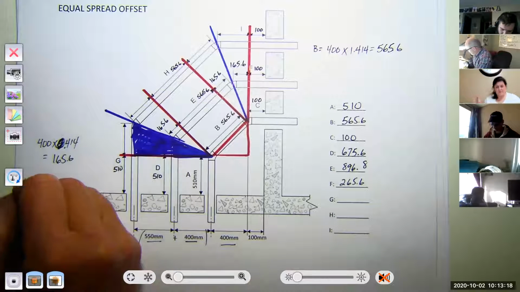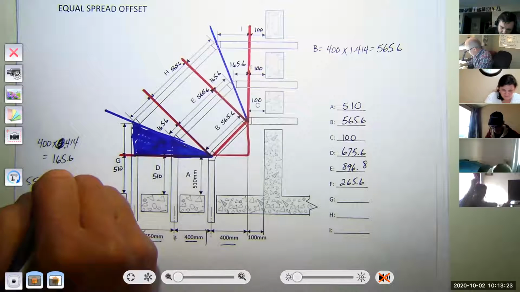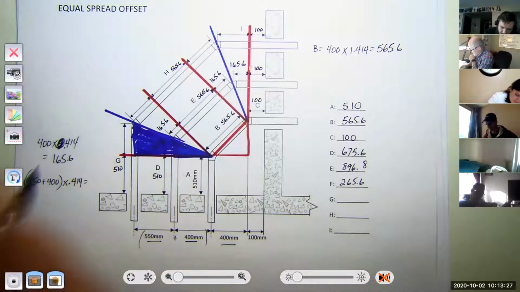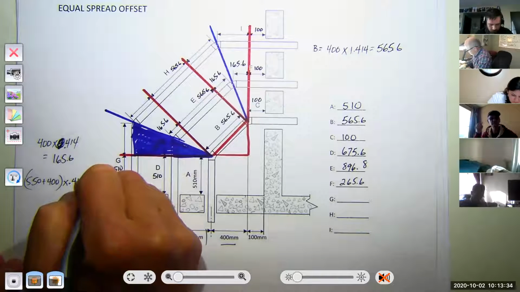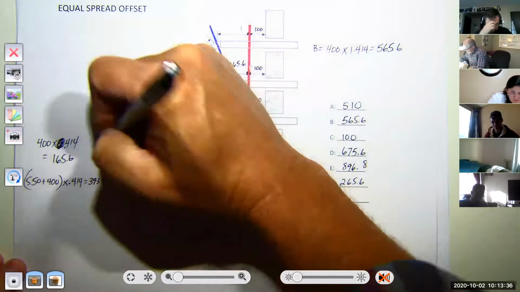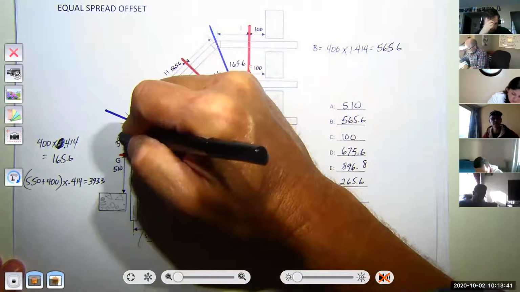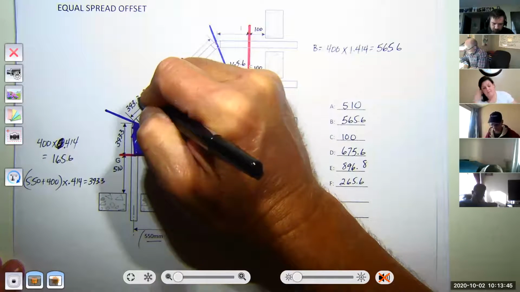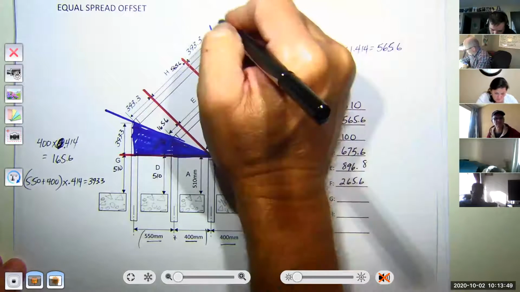So that's 550 plus 400 times 0.414, which is 393.3. So this measurement right here is 393.3. Because it's equal spread, it goes all the way through.